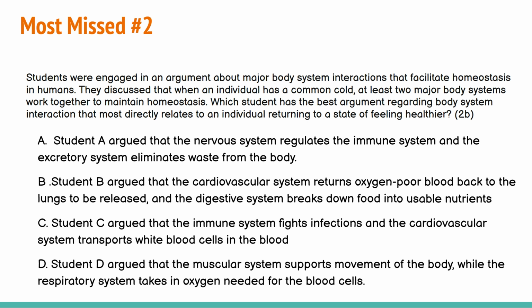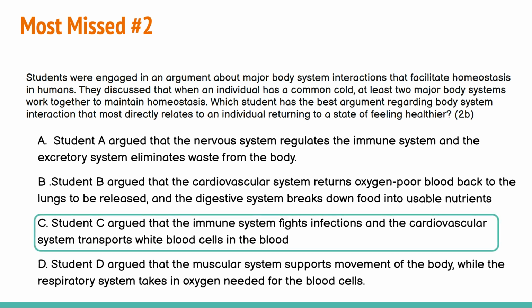And the way the infection fighter will go through is through the white blood cells, which are the defense cells in the blood. And student D argued that the muscular system supports movement of the body while the respiratory system takes in oxygen. Once again, nothing of the muscular system is given. Hence, student C has the right answer.